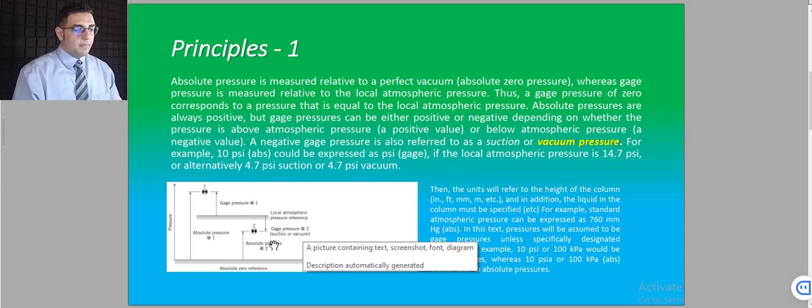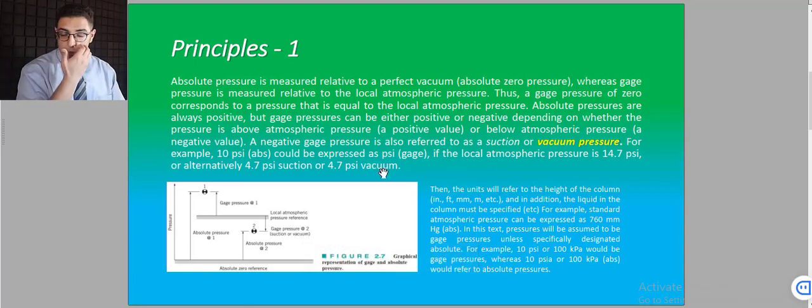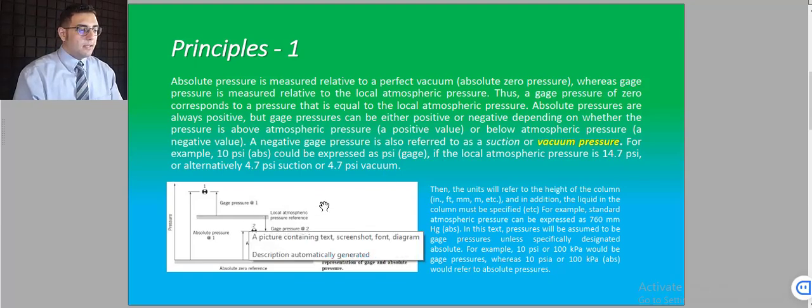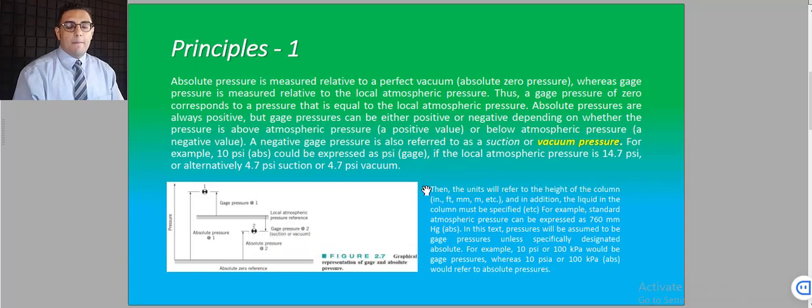As an example of absolute pressure, we can have 10 psi absolute. As long as we have a local atmospheric pressure of 14.7 psi, pounds per square inch, the gauge pressure is minus 4.7 psi, which is vacuum or suctioned pressure.